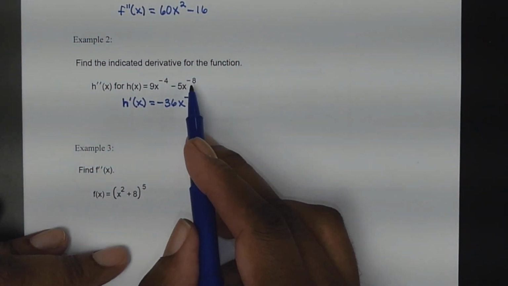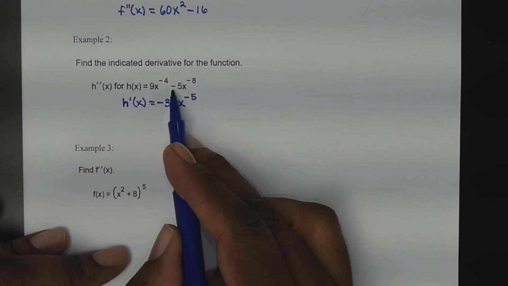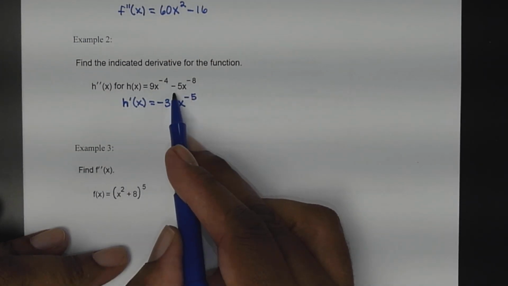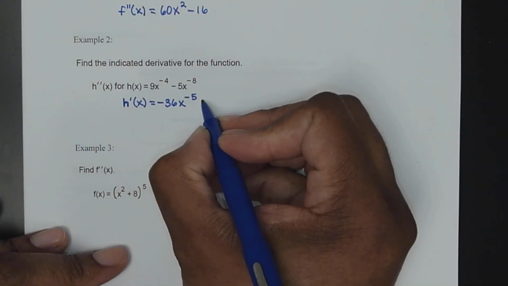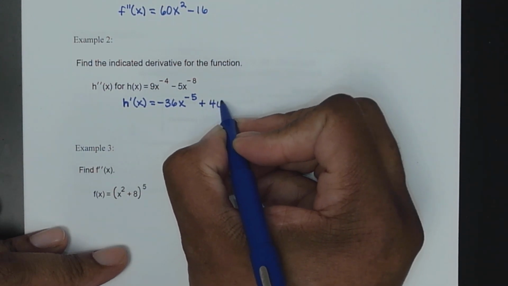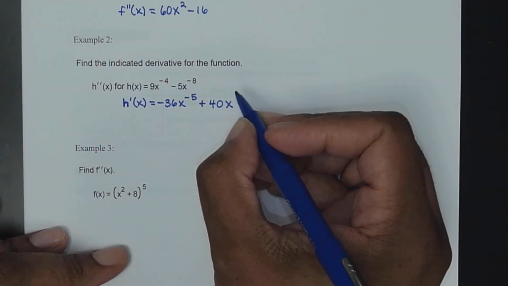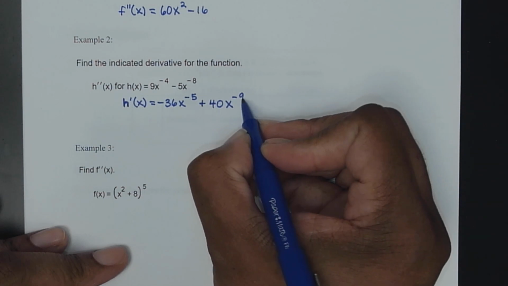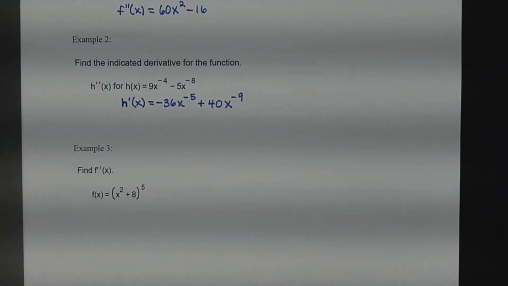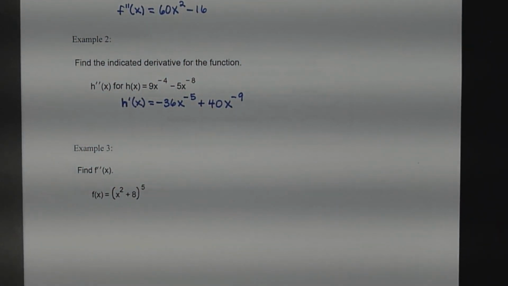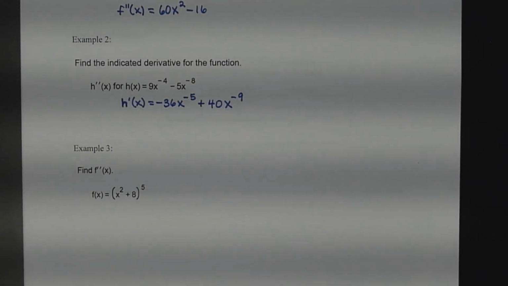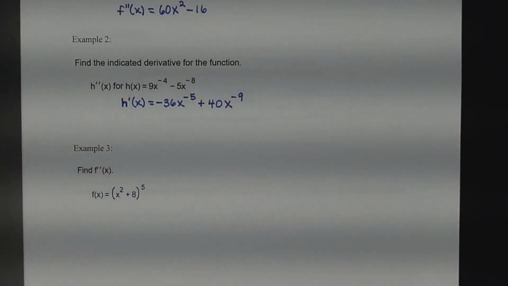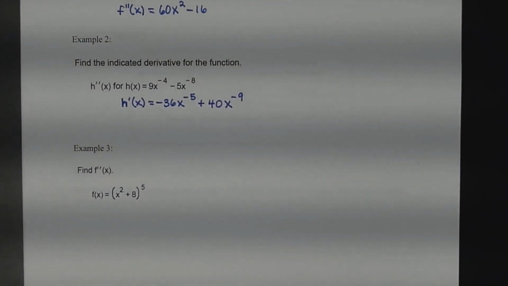And then bring the negative 8 in front of the negative 5, multiply negative 8 times the negative 5, that would be a plus 40. Copy the x over to the 1 less power. Negative 8 minus 1 would be negative 9. So h prime of x will be negative 36 x to the negative 5, plus 40 x to the negative 9.